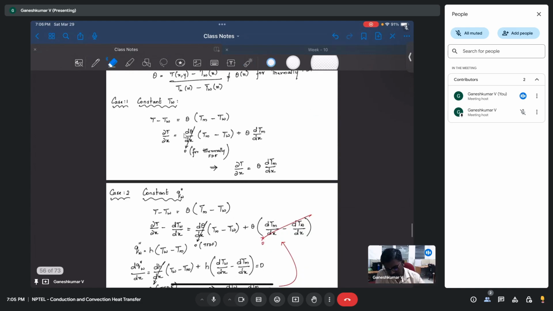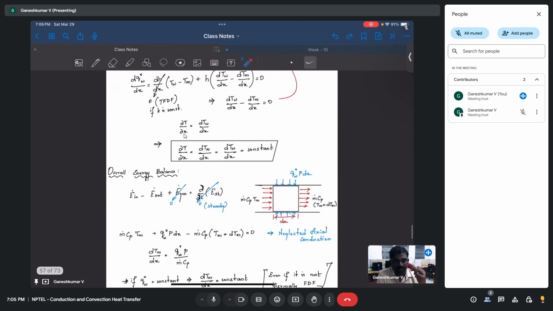We studied constant wall temperature and constant wall heat flux conditions. What are the simplifying approximations you can make when you have a fully developed flow is what we did initially.